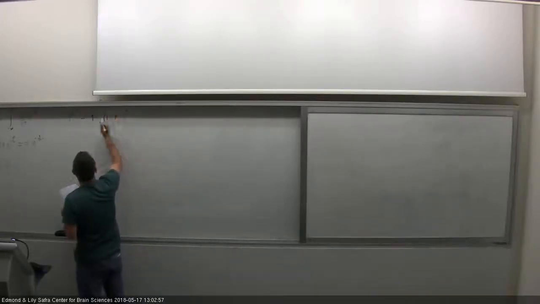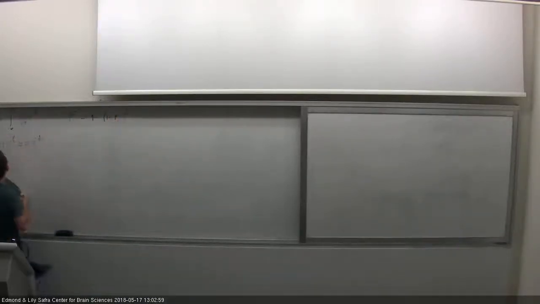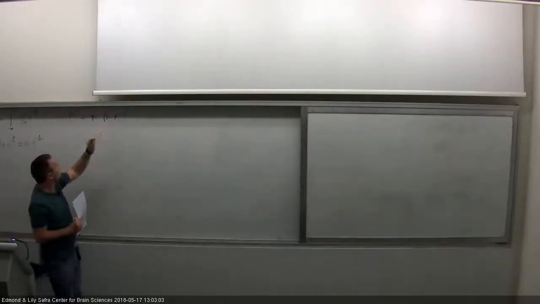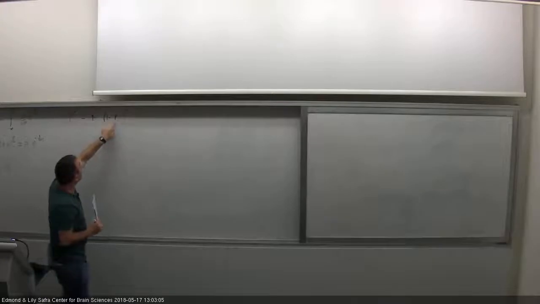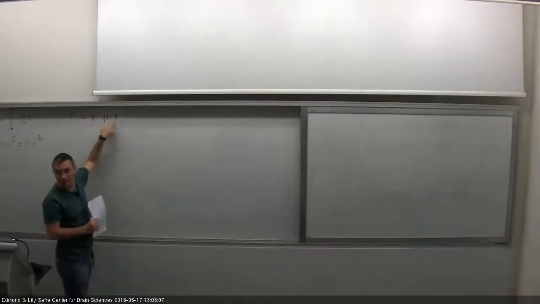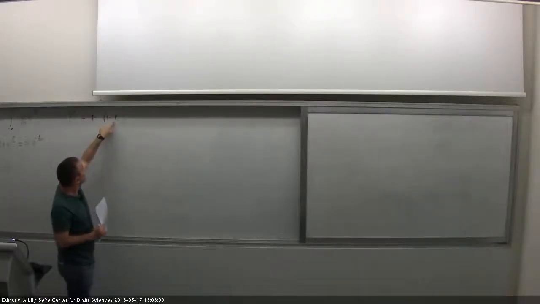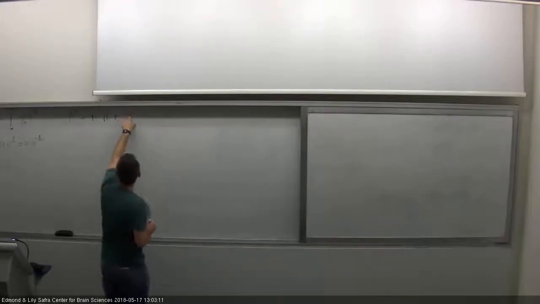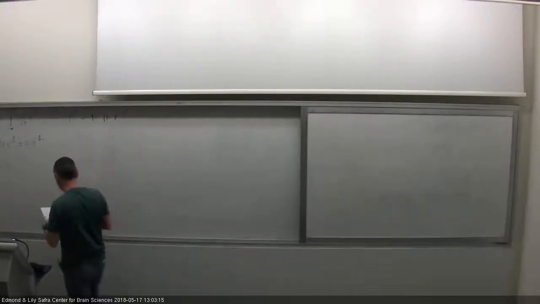This is the probability of a mistake in one neuron. This is the probability that there is no mistake in one neuron. This is the probability that there is no mistake in none of the neurons, and this is just 1 minus this term.